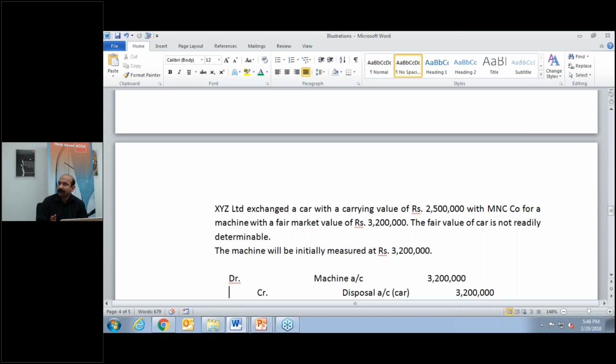In this situation, only one fair value is available. No matter which fair value is available, whether it relates to the asset given up or asset acquired, you will use that fair value for recording the asset acquired. So this will be the double entry.